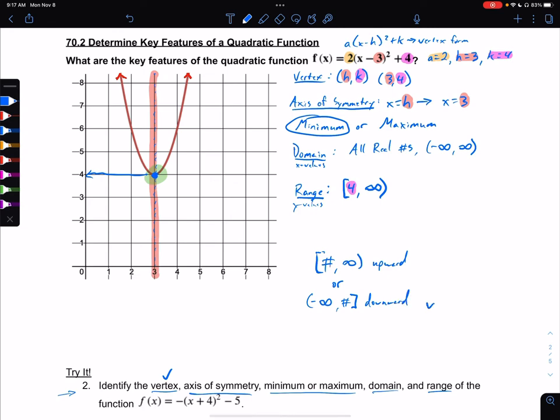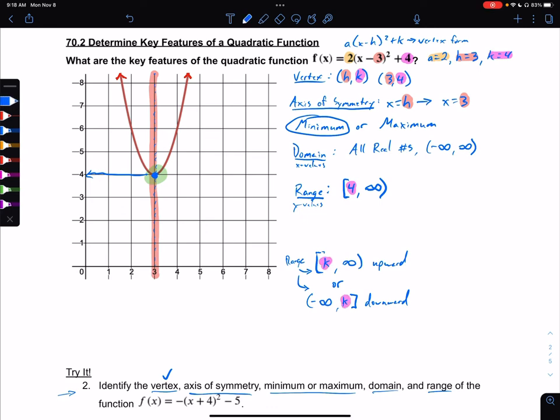Because you'd have a maximum y value, whatever that happens to be, but the graph would go down forever. So this is a little note for your range. Whatever the k value is, we would always use k, so we would say [k, infinity) or (negative infinity, k].